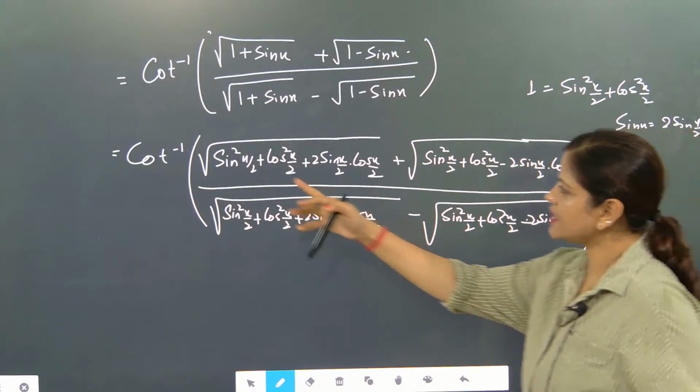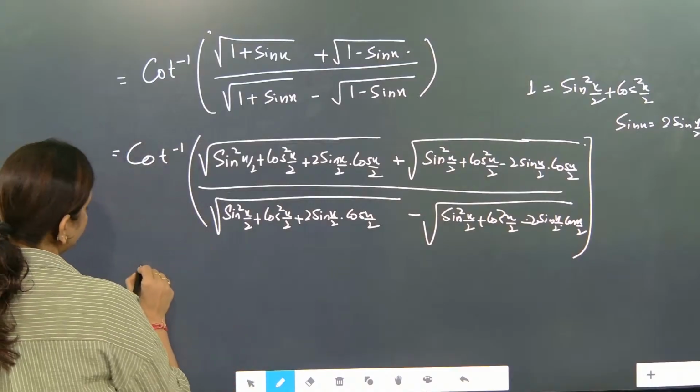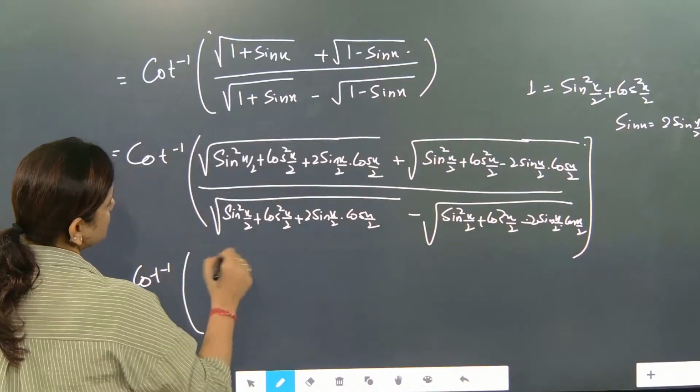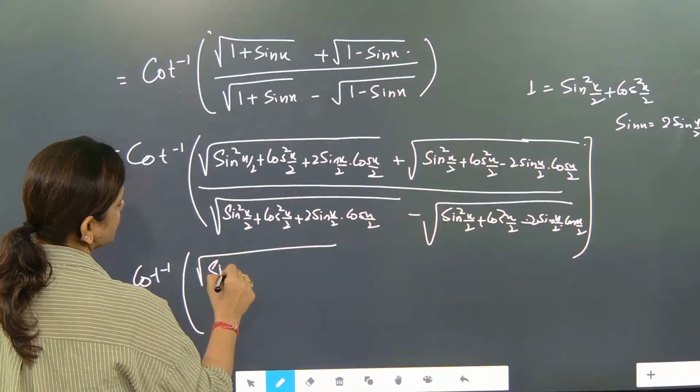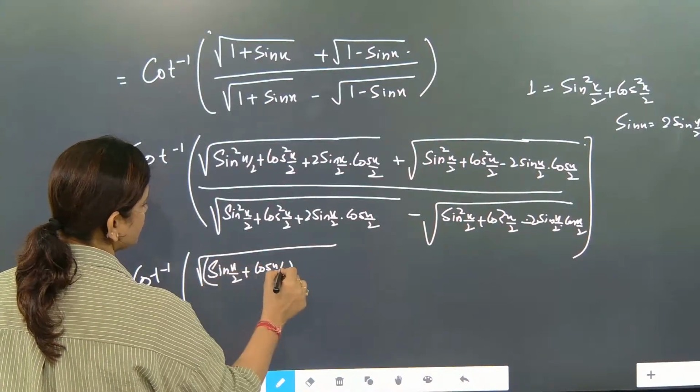Now this is coming as a square plus b square plus 2ab, that is a plus b whole square. Okay, so it is coming as cot inverse, this one will come as sin x by 2 plus cos x by 2 whole square.